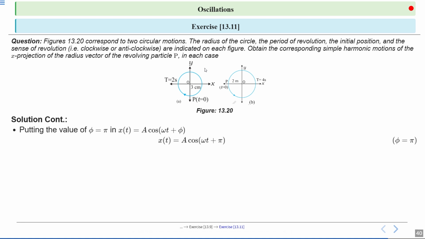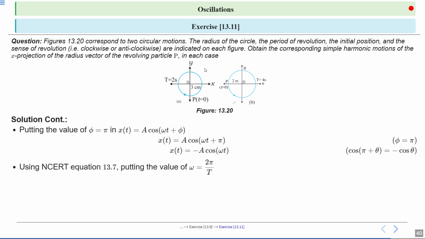So substituting phi equal to pi, we will get x of t is equal to a cos omega t plus pi. So x of t is equal to minus a cos omega t. So using equation 13.7, putting the value of omega equal to 2 pi by T, it will be x of t is equal to minus a cos 2 pi divided by T into t.